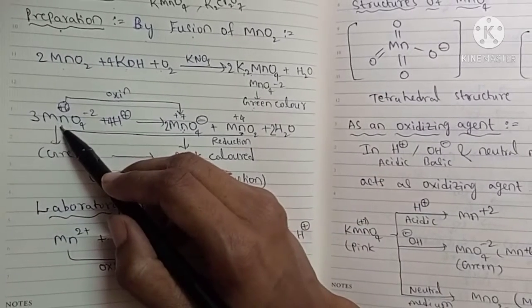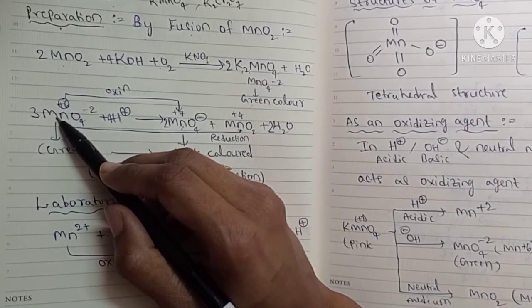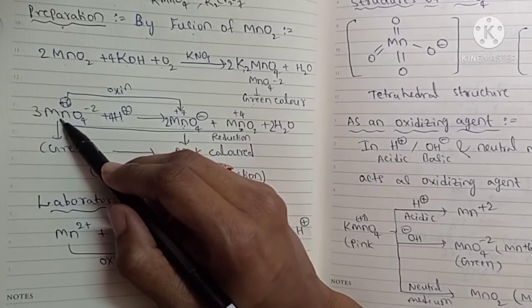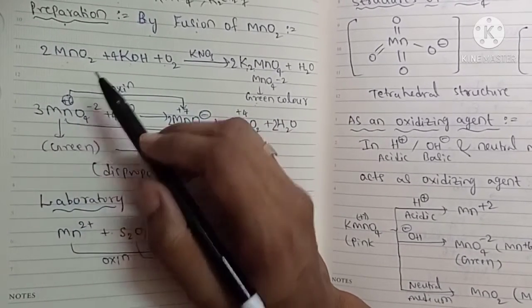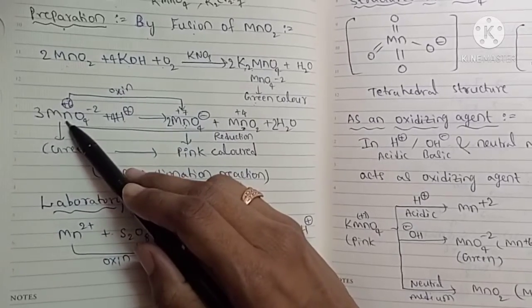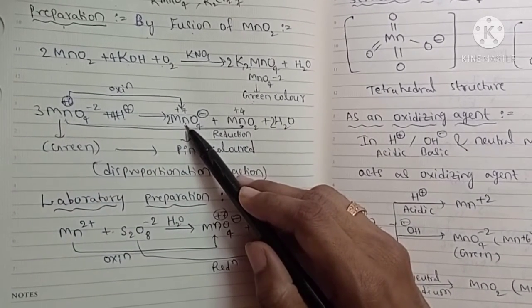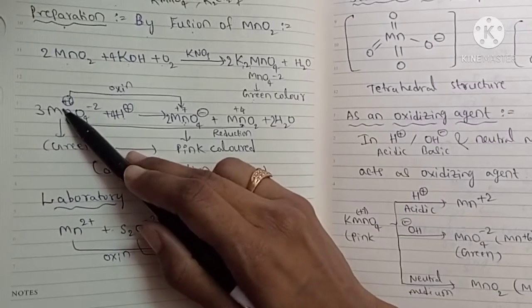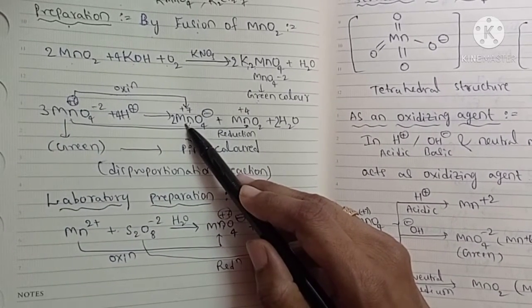In this reaction, manganese is in the plus 6 oxidation state, and Mn plus 6 is both oxidized and reduced. MnO4 2 minus converts to MnO4 minus, so plus 6 converts to plus 7 oxidation state. This is the oxidation reaction.